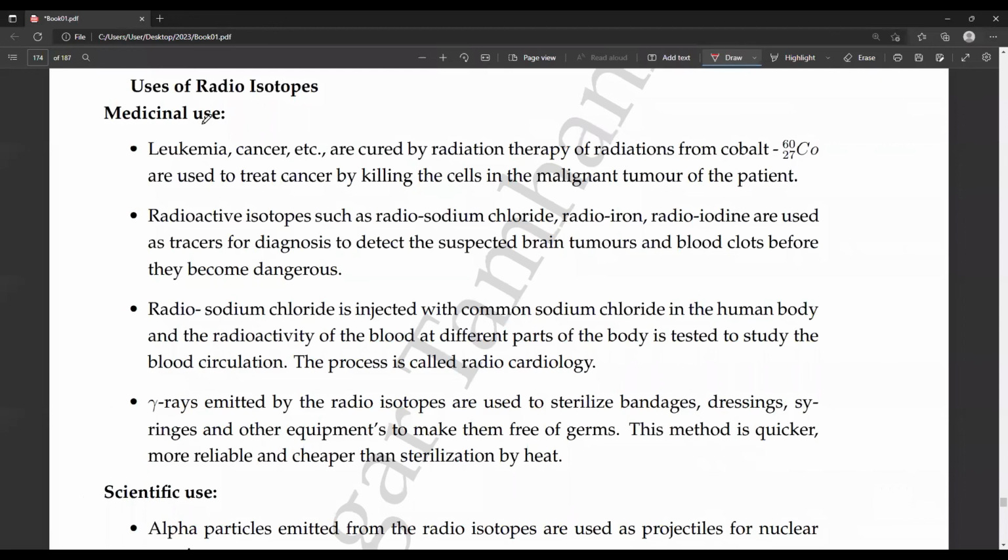The first is medicinal use. Students, remember, you can't just say it is used to cure cancer. You have to say radiation from cobalt-60 is used to treat cancer. That means the example has to be there, the name has to be there. These are the few I have mentioned. You are expected to learn them.